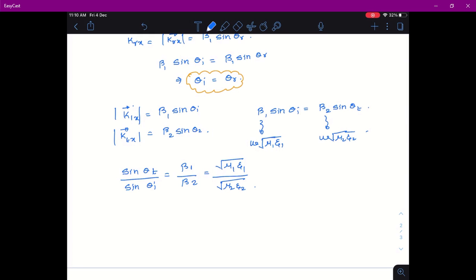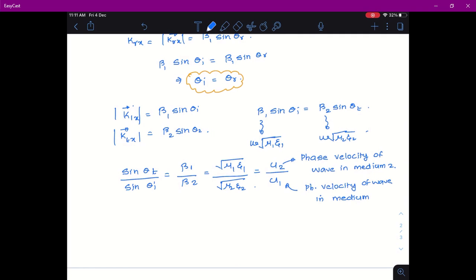And this is actually the ratio of the velocities of the wave in the two media. So u2 is the phase velocity of the wave in medium 2, and u1 is the phase velocity of the wave in medium 1.